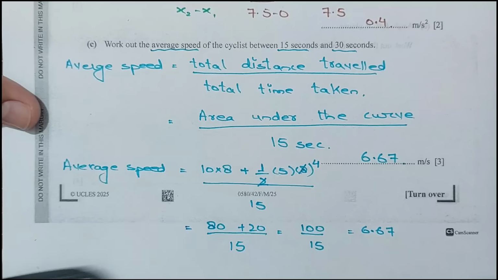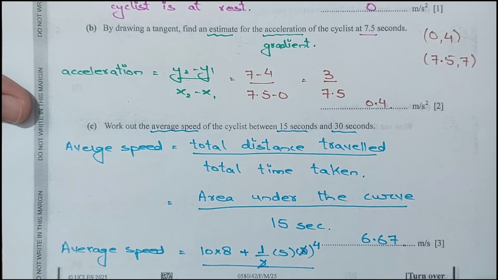This is the average speed of the cyclist between 15 to 30 seconds.